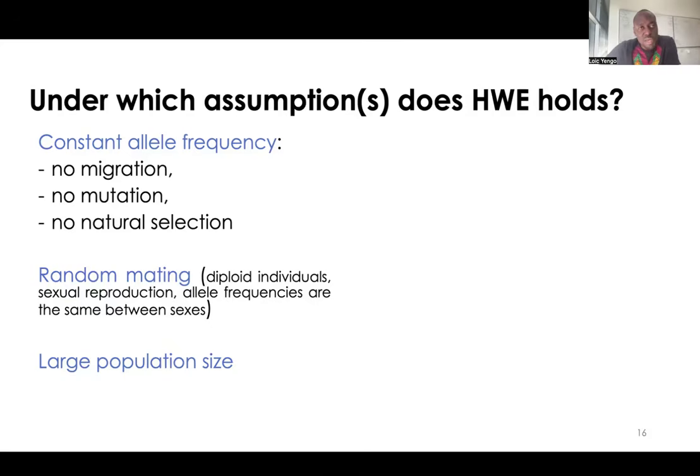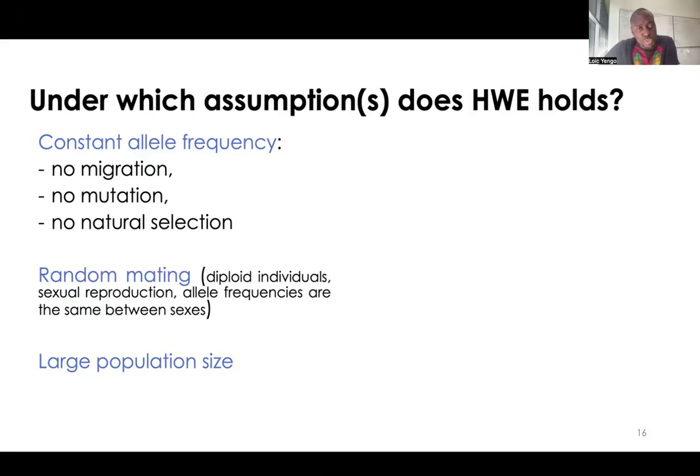So here I'm saying no migration, but just think of it as the effect of migration being negligible. In the same way, we can think about not having the effect of any mutation, which is genetic information coming spontaneously into the population. Again, this has to have a negligible effect. And other forces like natural selection also have to be assumed to have a negligible effect.